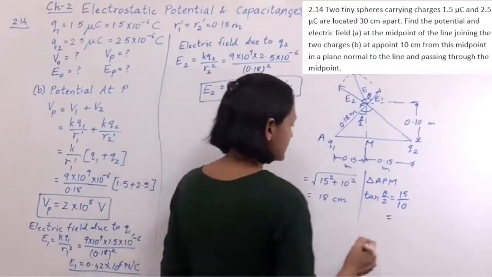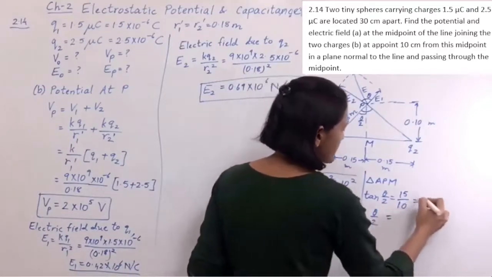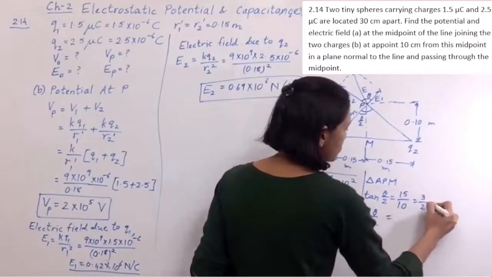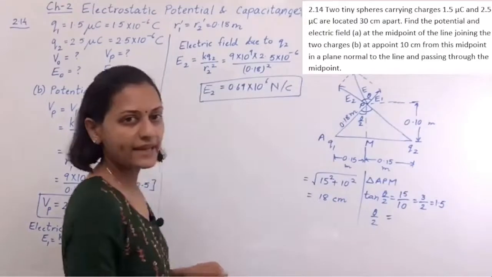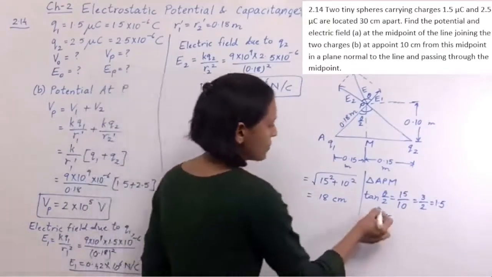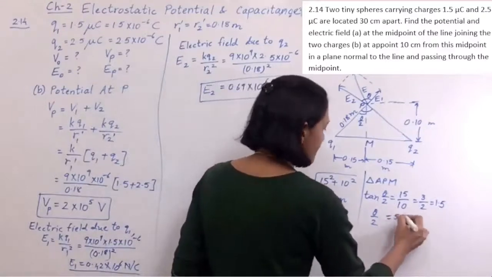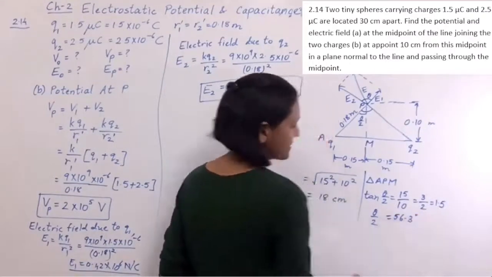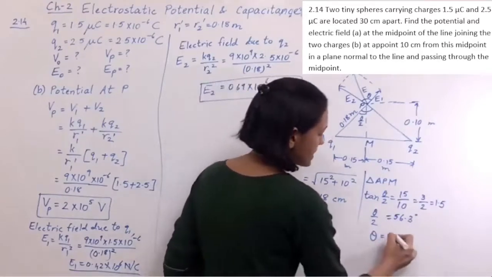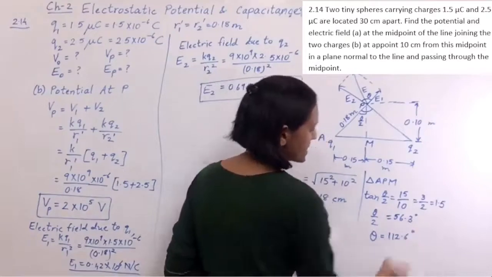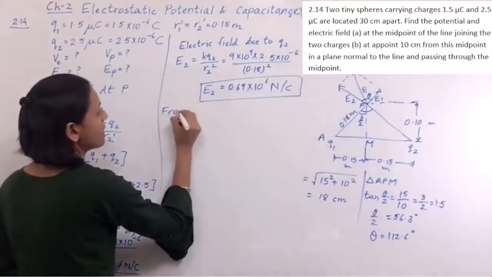So tan theta by 2 will be 3 by 2, that means 1.5. If you look into the table of natural tangent, the angle for which you get 1.5 is 56.3 degree. We are interested in finding theta, so theta is 112.6 degree, right?